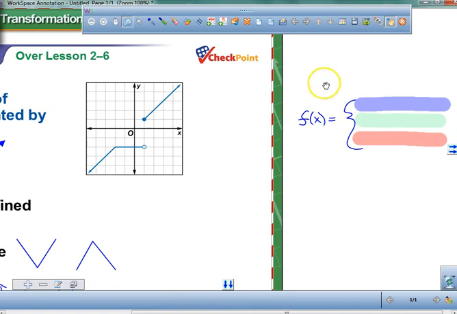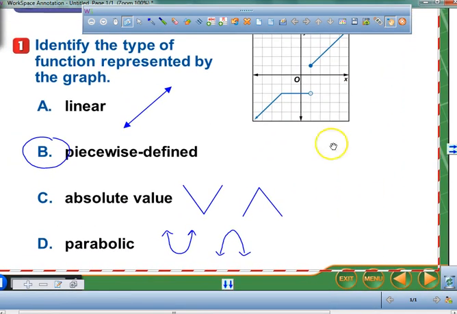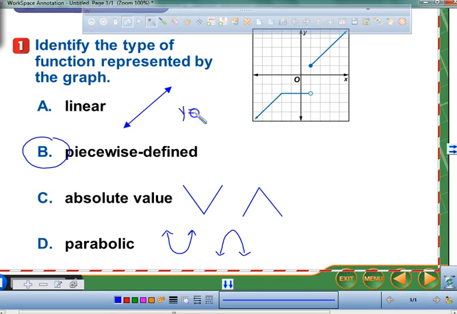So what we're going to do is move back over here. There's your linear, there's your absolute value, there's your parabolic function. Okay? By the way, the parent function for all linear functions is y equals x. The parent function for all absolute value functions is y equals the absolute value of x. And the parent function for all parabolas is y equals x squared.